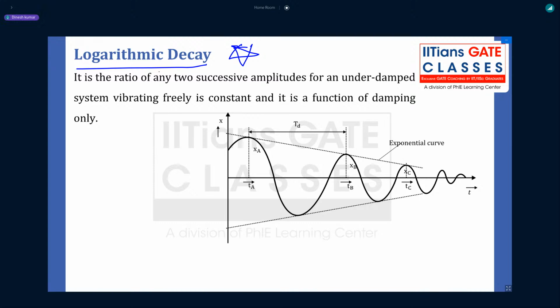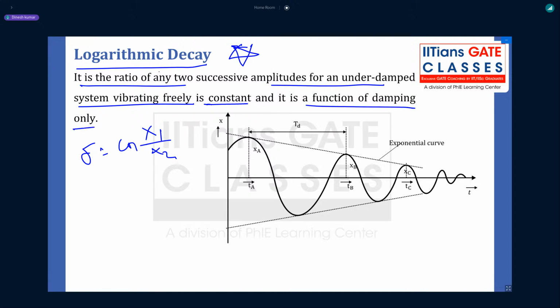It is defined as the ratio of any two successive amplitudes for an underdamped system vibrating freely. Delta is ln of the ratio of two successive amplitudes, like x1 by x2, and it is a function of damping only.